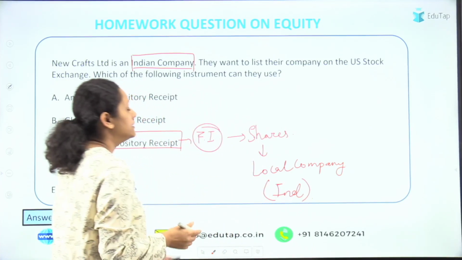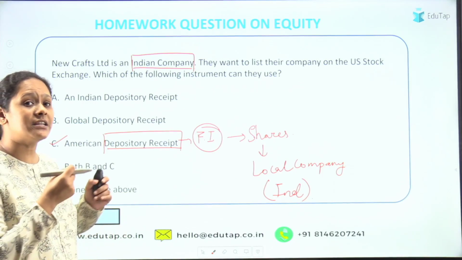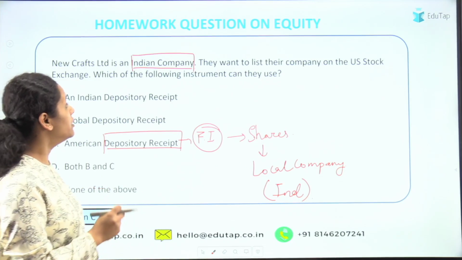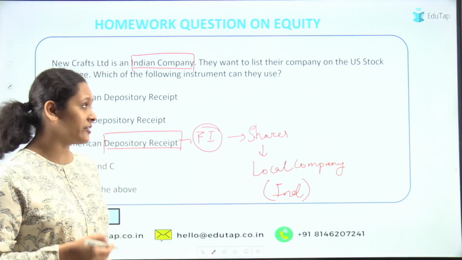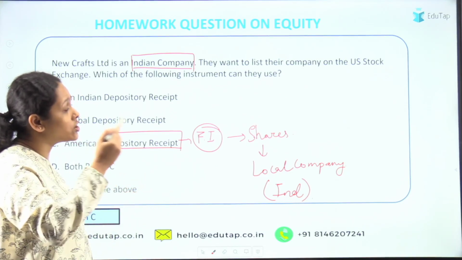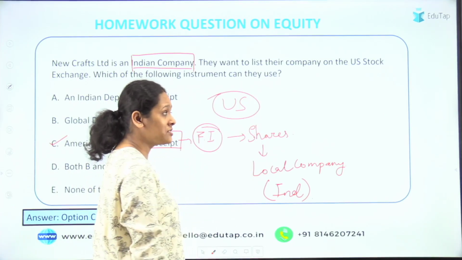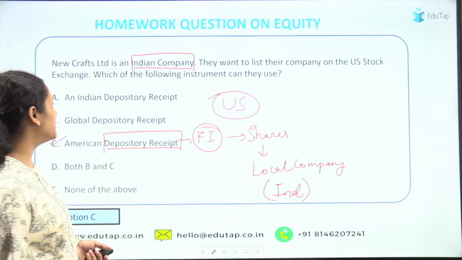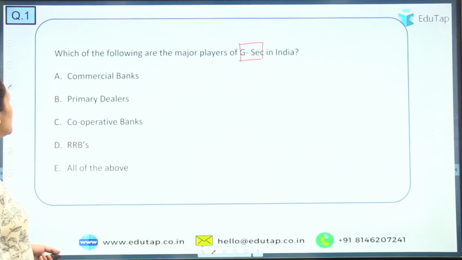Now, though the company is local, they trade and list on the foreign stock exchange. That is what a depository receipt is. Now the question says that the company wants to list on the US stock exchange. So those depository receipts which are listed on the US stock exchange are known as American Depository Receipts. I hope you understood this. Now, without delaying, let's begin the session.